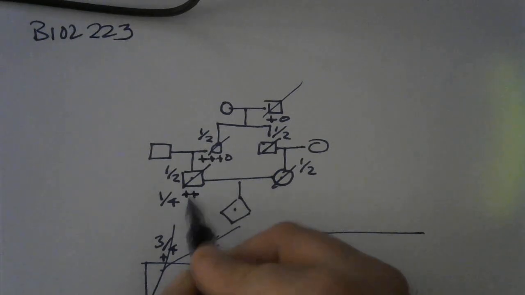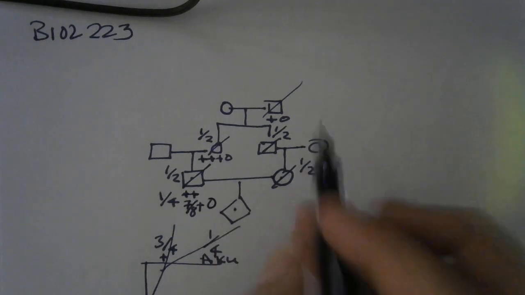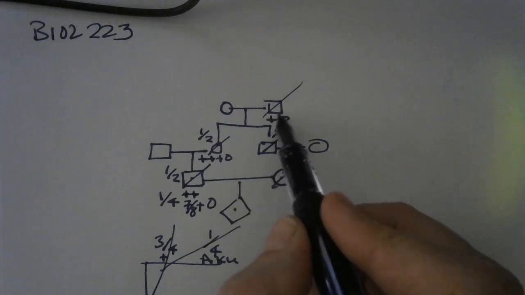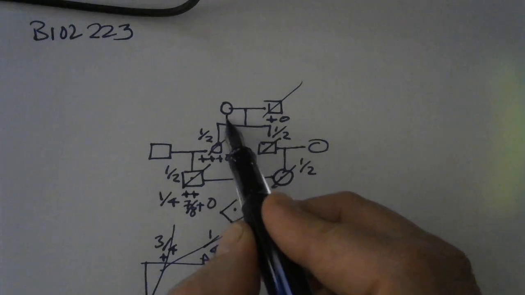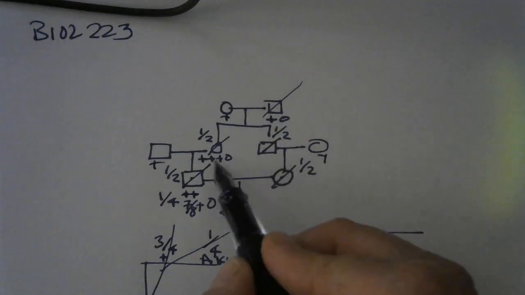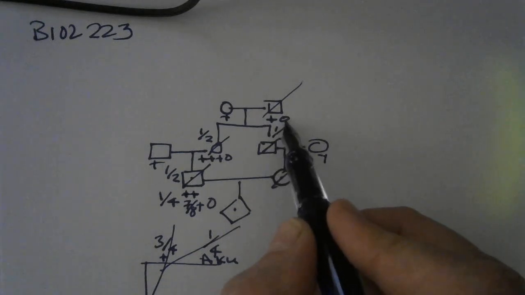So let me simplify that to say if this is 3/4, this then is 7/8 possibility. So what I'm looking at here is what kind of gametes are produced. So grandfather, everyone else can produce only wild type gametes. He could produce wild type or null.